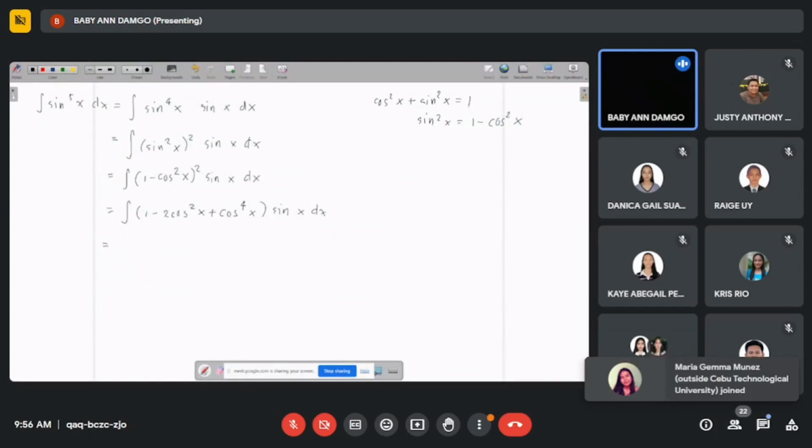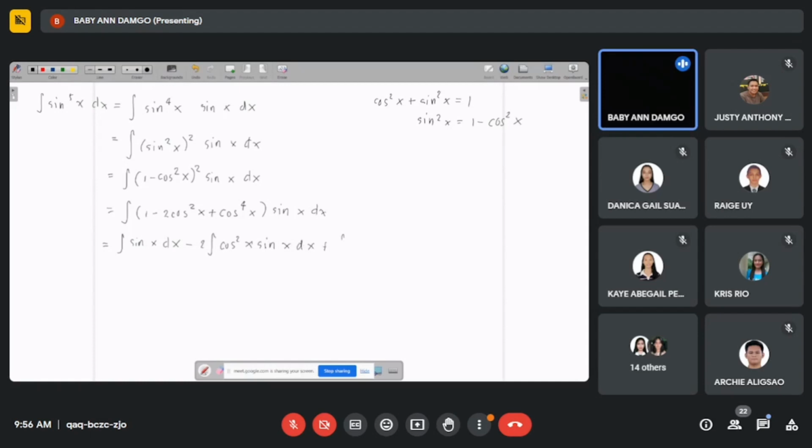So we have here, if there is a shortcut, we have the integration of sine x dx minus 2 integration of cosine squared x sine x dx plus the integration of cosine to the fourth x sine x dx.